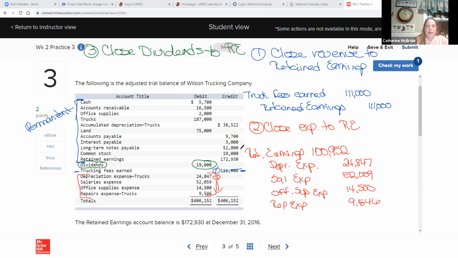I'm going to credit dividends 19,000, and I'm going to put it into retained earnings. So I'm going to debit retained earnings, 19,000. So when I'm done, now dividends has a zero balance. So now my revenue, my expenses, and my dividends are all in retained earnings.